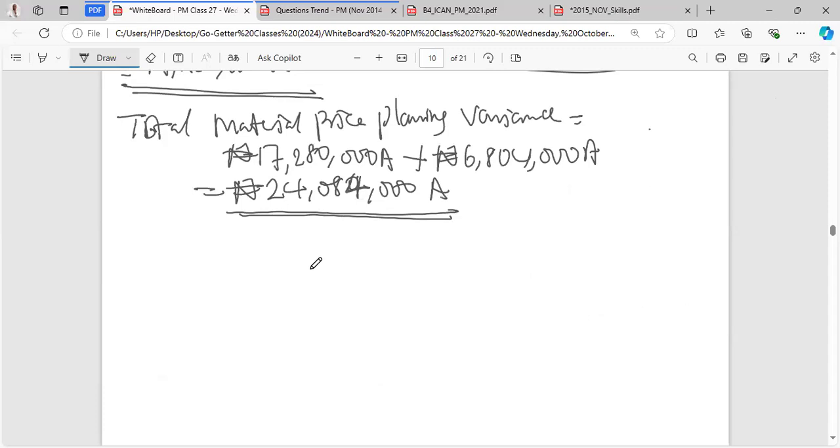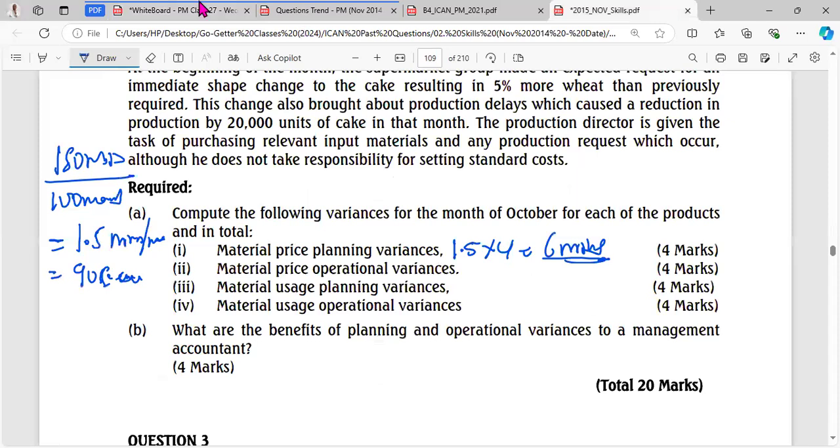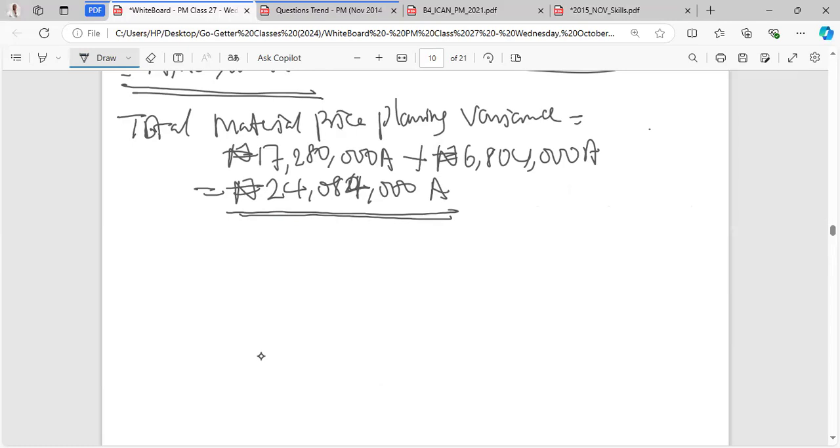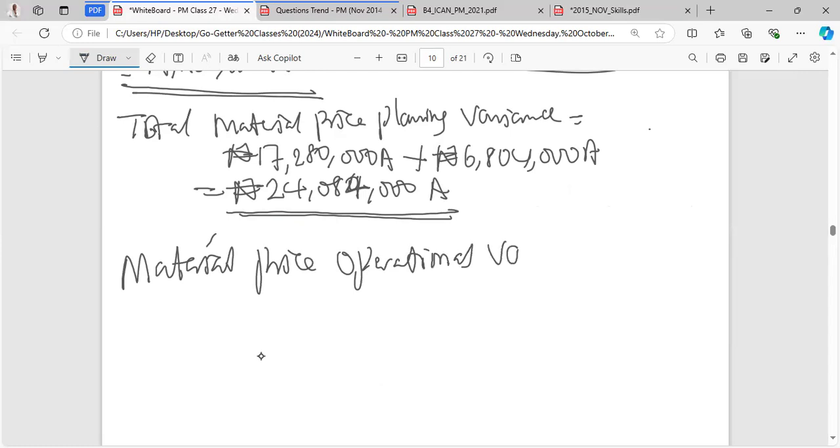Material price operational variances. So I will start here. You quote the basic formula again to guide you.